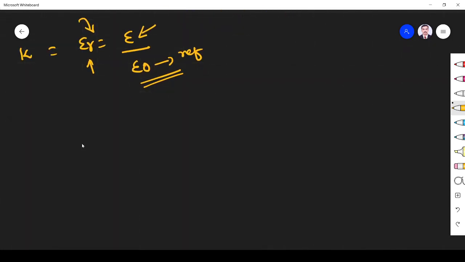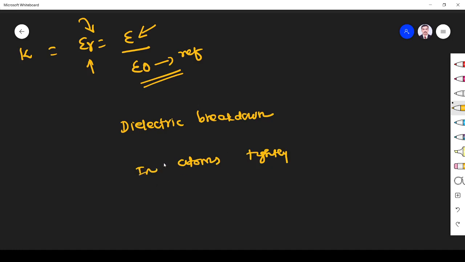The next parameter we have to know is dielectric breakdown. We know that in a dielectric, atoms are tightly bound. All the charges are tightly bound in a dielectric.